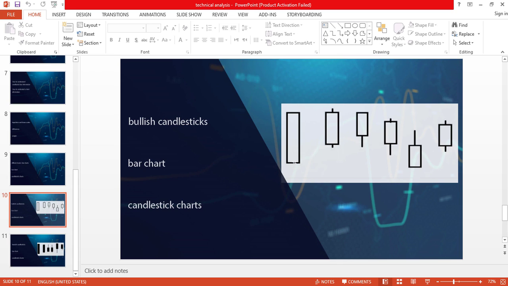these are candlestick bars. Sorry, these are some, 1, 2, 3, 4, 5, 6 candlestick, I don't know, signals or 6 types of.